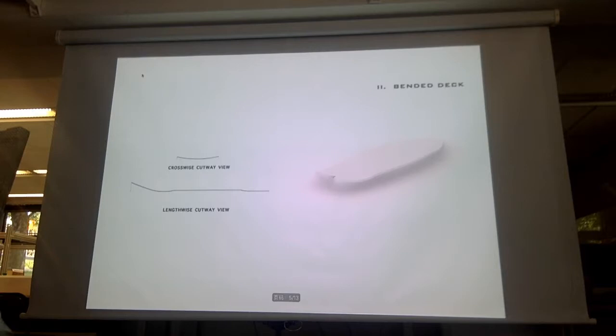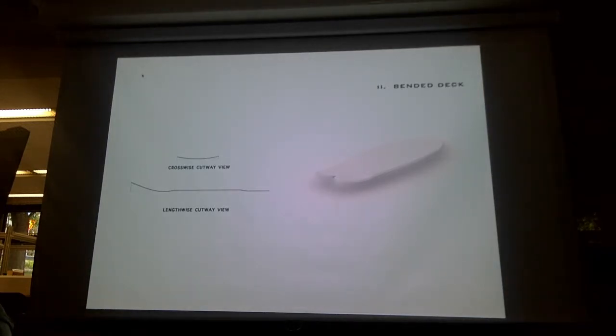The first difficulty is that the board is actually bent in 2 directions. This slide shows the crosswise cutaway and the lengthwise cutaway of the skateboard. About the curve of the board, at first I thought maybe I could mill the whole deck with the CNC machine.